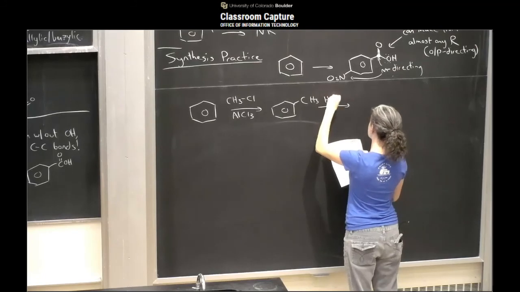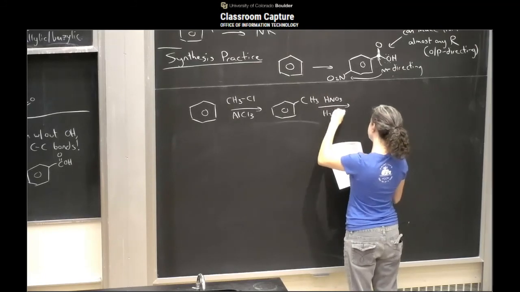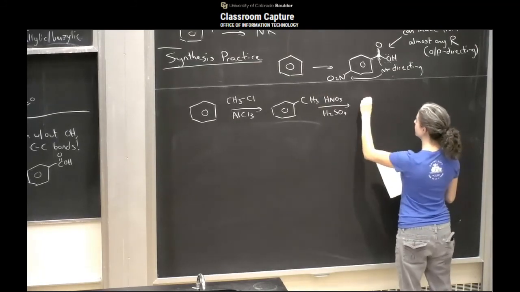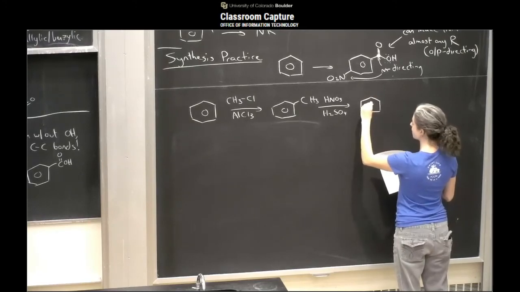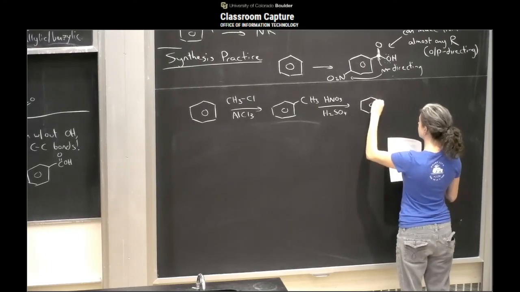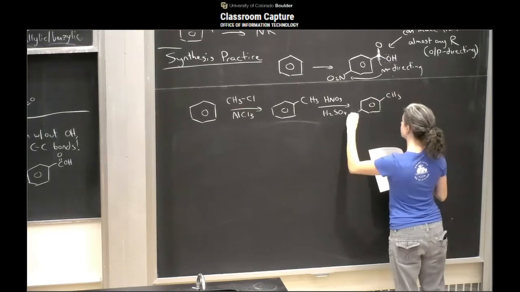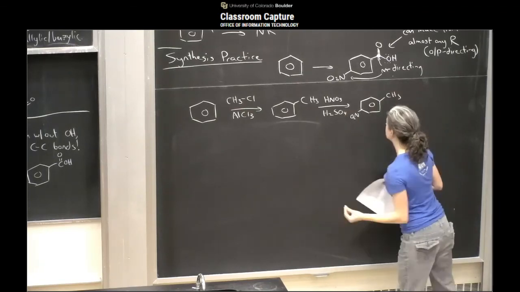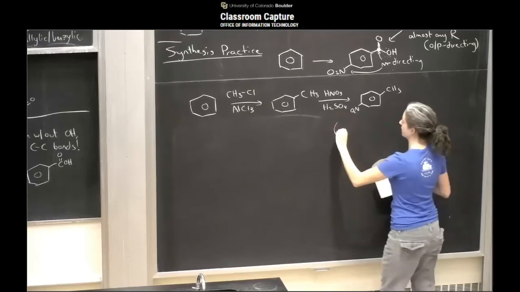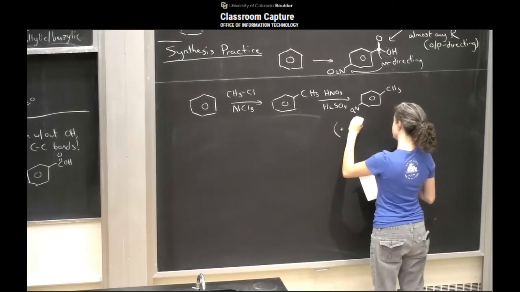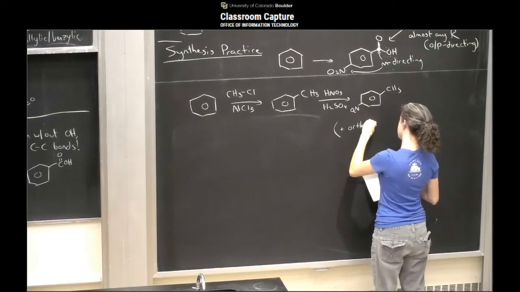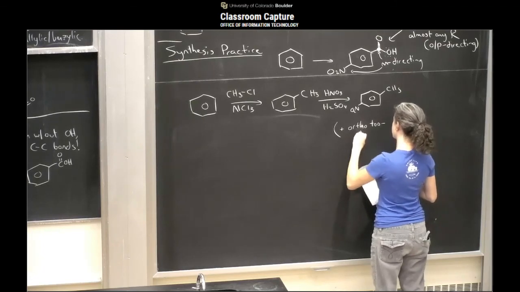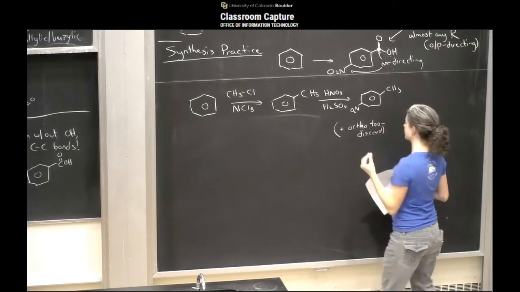So now we can nitrate, HNO3, H2SO4. CH3, and then nitro, and we're going to get the ortho as well. We're just going to have to discard that.